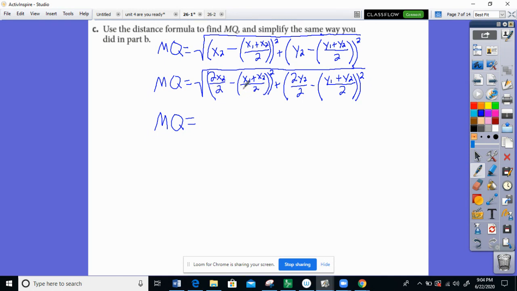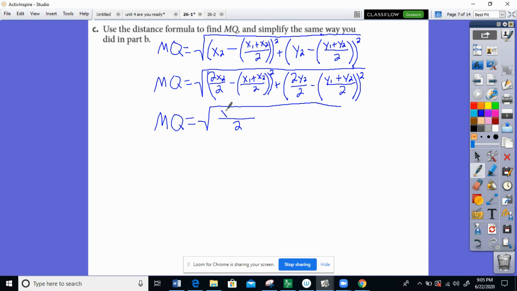For this first term underneath the square root sign, what's going to happen? Well, we have 2 in the denominator for both terms. Okay, so this expression is going to be over 2. We've got 2x2 minus 1x2.